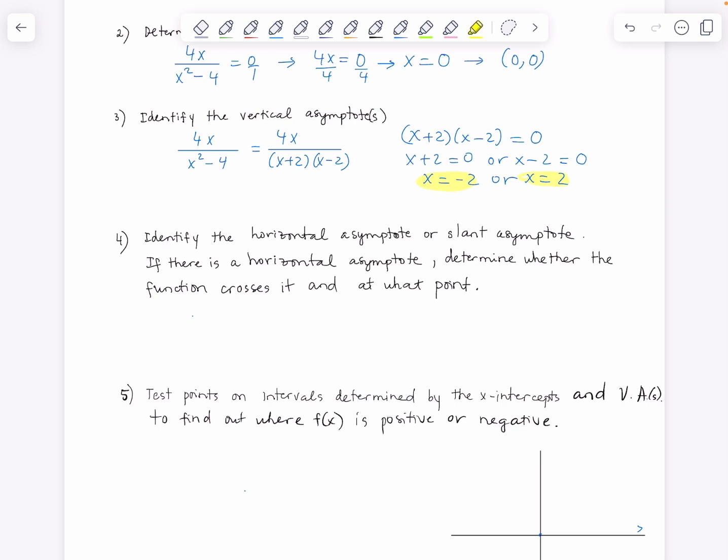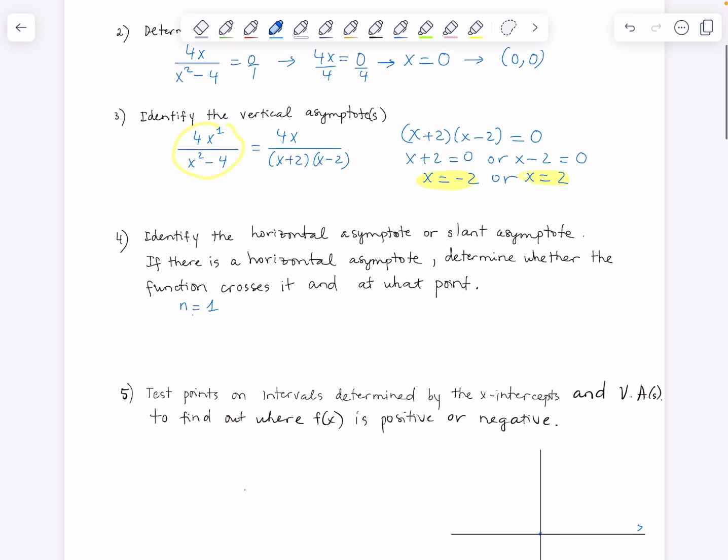Looking at 4x over x squared minus 4, the degree of the numerator, we call it n, is equal to 1, because the only term that we have is 4 times x, and that's understood as x to the first power. And then the degree of the denominator is 2 because it has an x squared as the highest exponent.